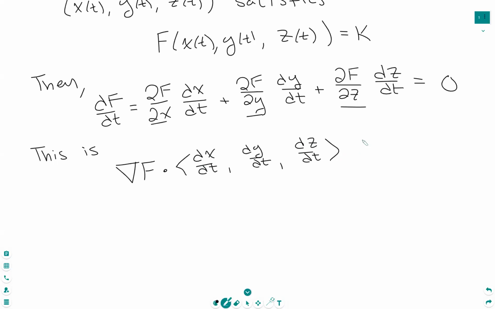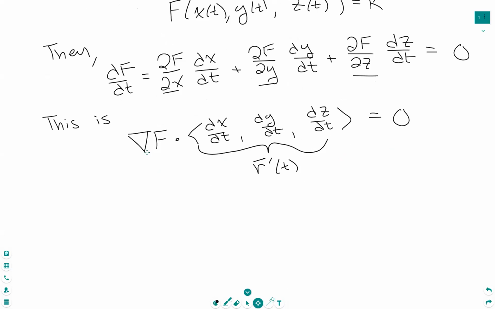But if x, y, z is r, then x prime, y prime, z prime is equal to r prime of t. And we still have that this dot product is equal to 0.